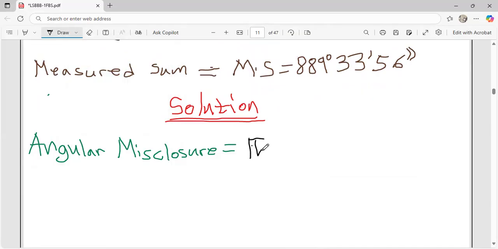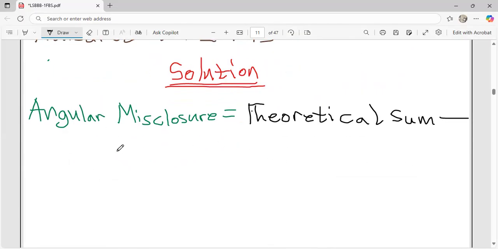So let's call it the theoretical sum minus the measured sum.